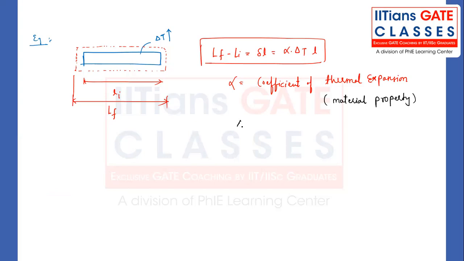Second thing will be delta T, that is the change in temperature. L_i will be the original length. L_f will be the final length. Right? So note down, these are very, very important things regarding this.